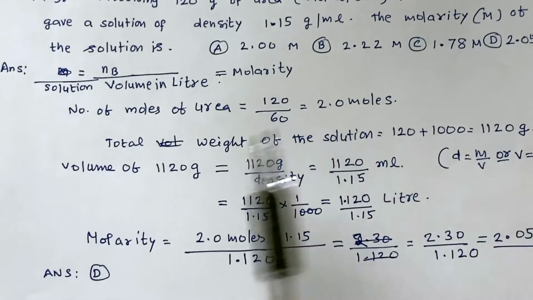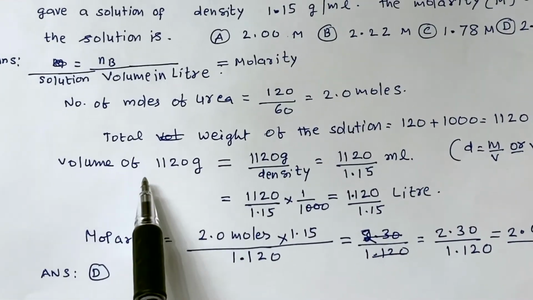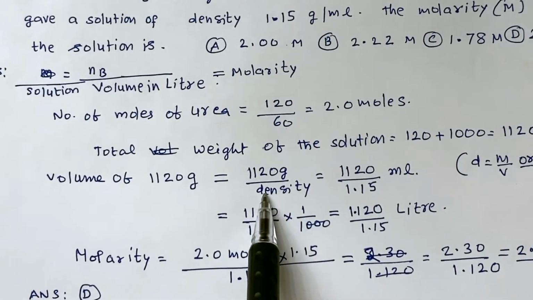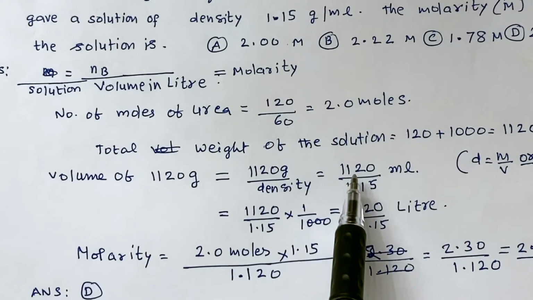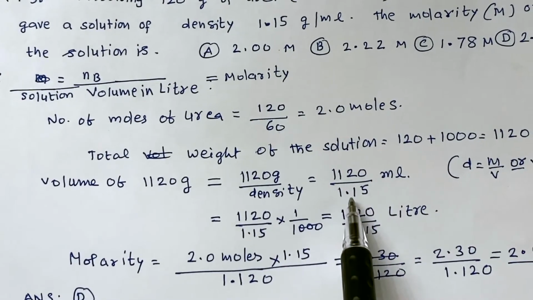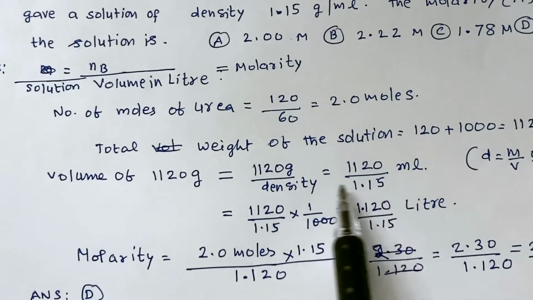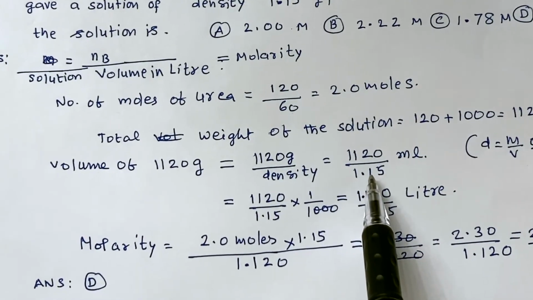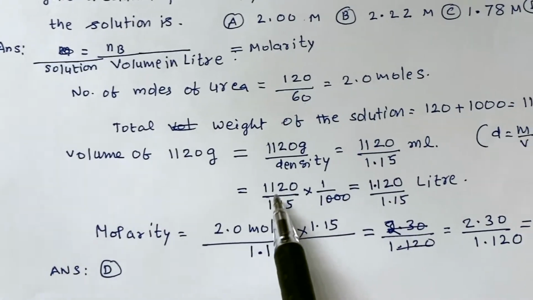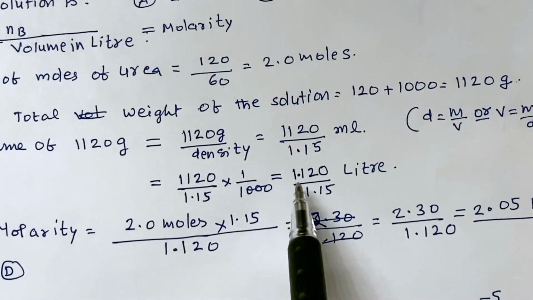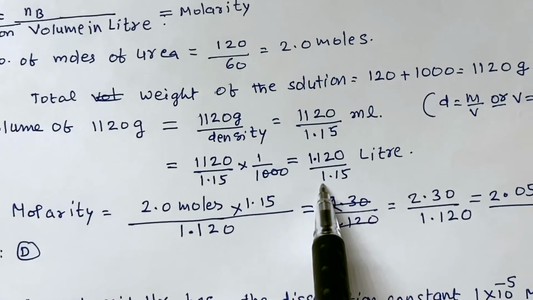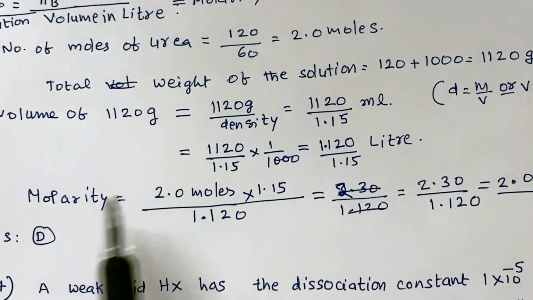So volume of the solution is 1120 divided by the density 1.15. So this will give the volume of the solution. So 1120 divided by 1.15, it will be coming as about 1.12 liters.